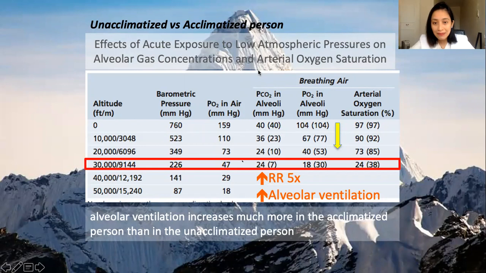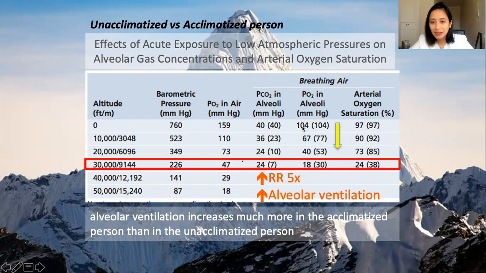This table shows us the difference between the acclimatized versus unacclimatized person. Here we see the effects of acute exposure to low atmospheric pressure on alveolar gas concentrations and arterial oxygen saturation. In this column you will see the partial pressure of oxygen in the alveoli.